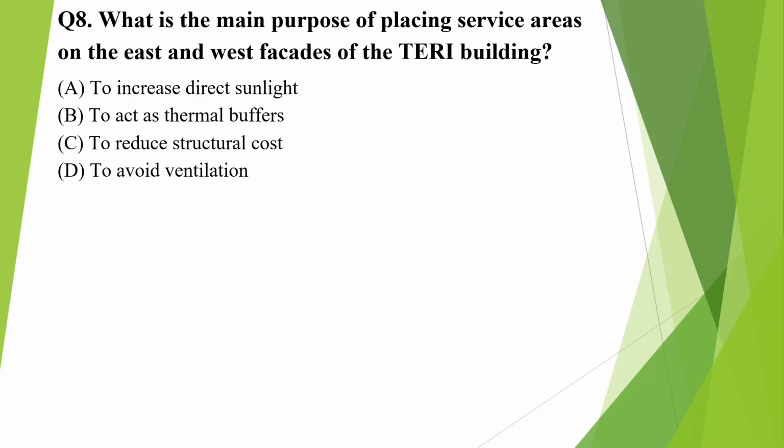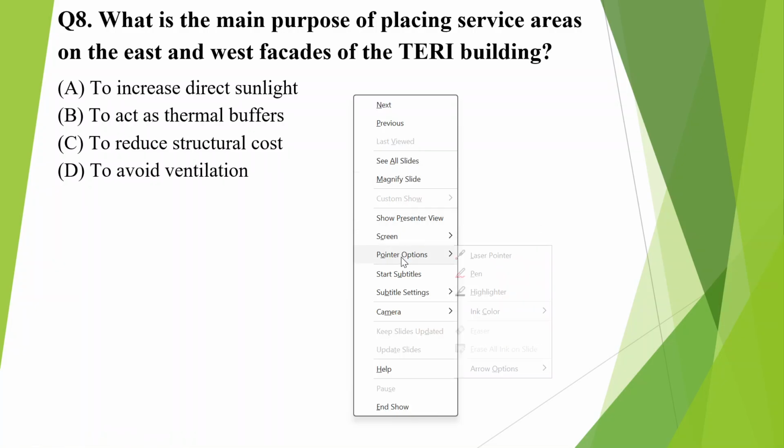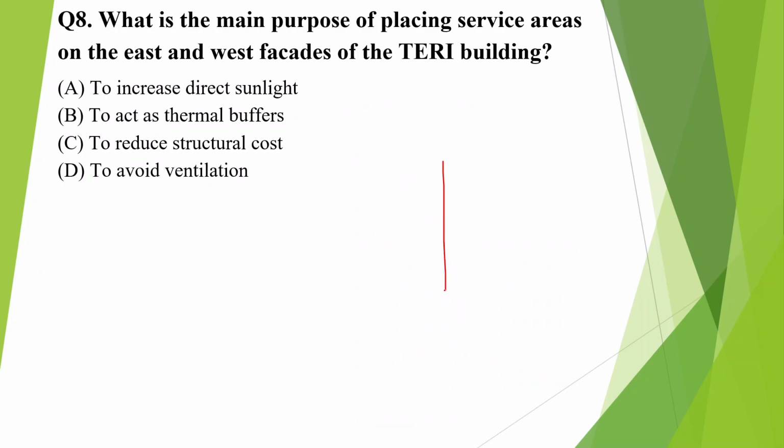The main purpose of placing service areas was shown to you also when the building design was shown. Let me draw for the others who were not able to relate to it. Let me draw the building plan which was discussed in the lecture.